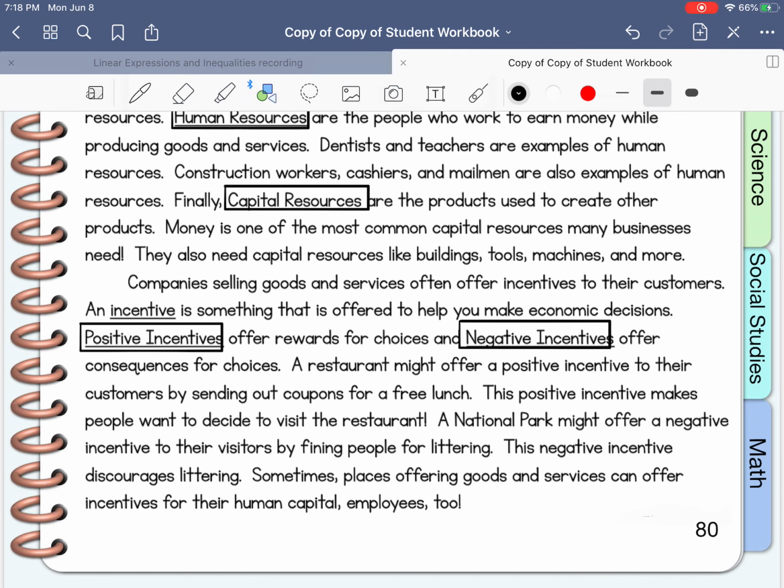The positive incentive makes people want to decide to visit the restaurant. A national park might offer a negative incentive to their visitors by fining people for littering. This negative incentive discourages littering. Sometimes places offering goods and services can offer incentives for their human capital, employees too.